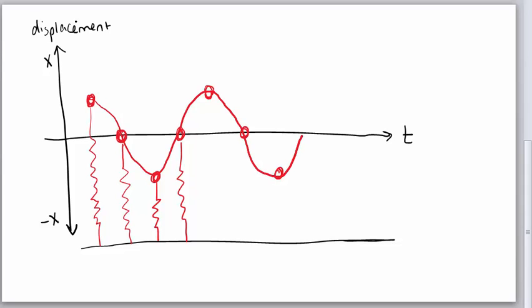And pardon my drawing of a sinusoid here, but the idea is that this is a sinusoidal waveform that's going to be drawn in time as that spring is compressed and expanded over and over again without any friction or anything else to damp the oscillation. So this is what we called an undamped system.